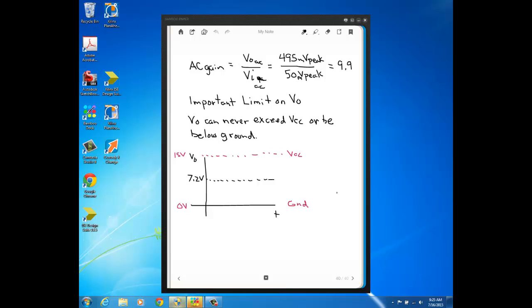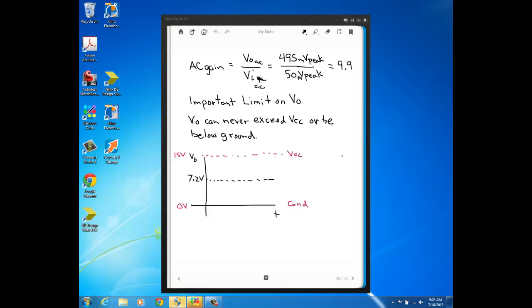Sometimes you don't even care that the AC is centered on some value other than 0. So that's the whole purpose of this circuit: it's amplifying that sinusoid at the input by almost a factor of 10 at the output.